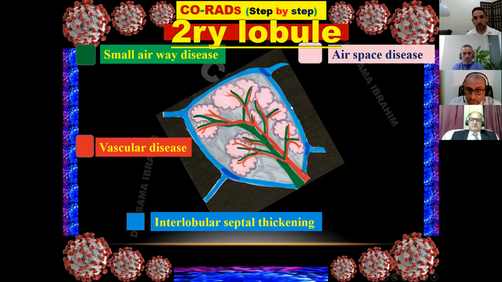The pink one is the airspace, or the alveoli. Every secondary pulmonary lobule has 15 to 20 alveoli for gas exchange. So any disease in this is called airspace disease, and it is surrounded by septa, the blue ones, and these septa contain the venous and lymphatic drainage. So any pathology in the venous or lymphatic drainage represents interlobular septal thickening.